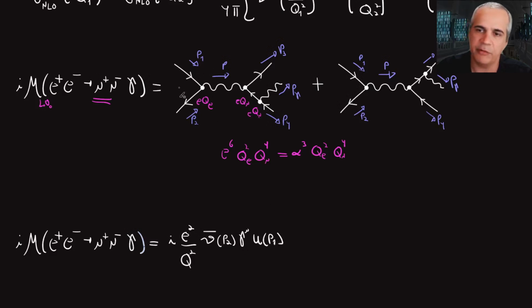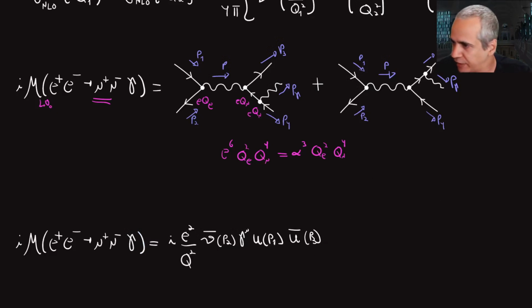This is the part for this left side vertex that does not change. Already I contracted the propagator of this photon, right? And the right part that changes, I'm writing in this way, U bar of P3, right? This part.